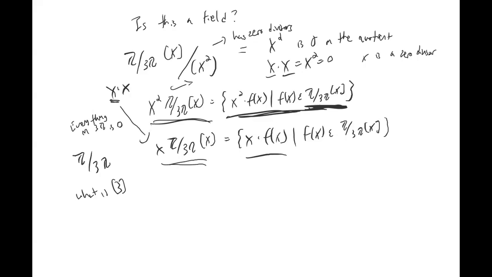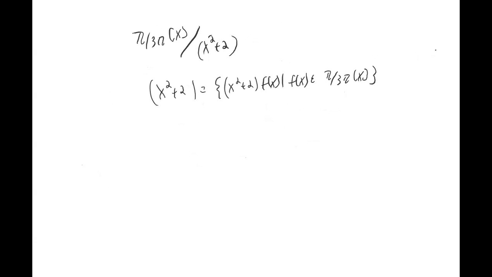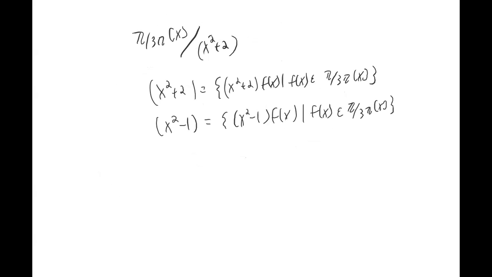So here it's the same thing. What is x squared plus 2 in Z mod 3Z? Well, 2 is the same as 1. So is everyone clear that these two are the same? Because 2 is just 1 in Z quotient 3Z. Everyone agree?